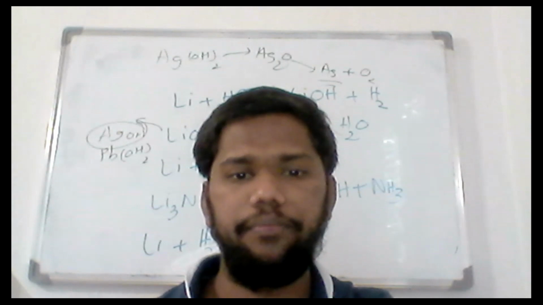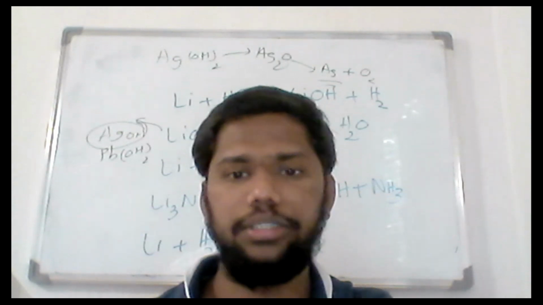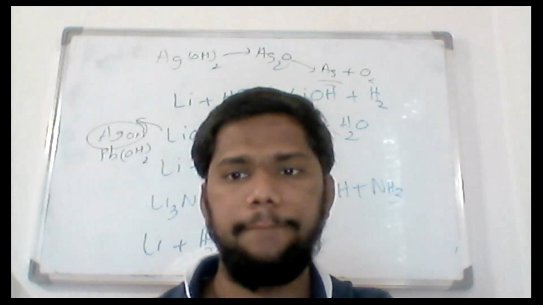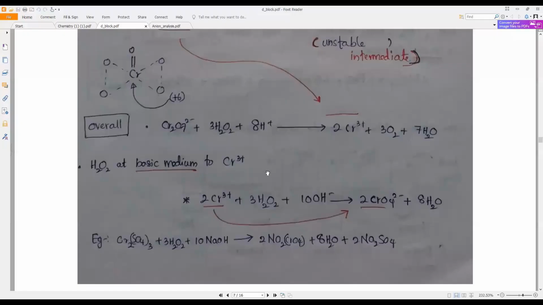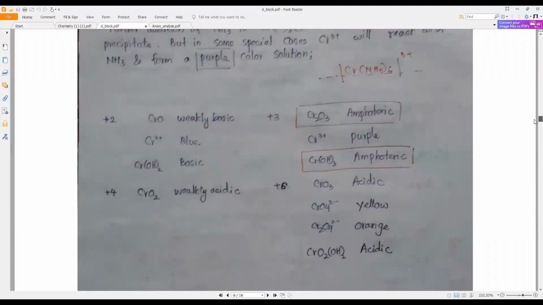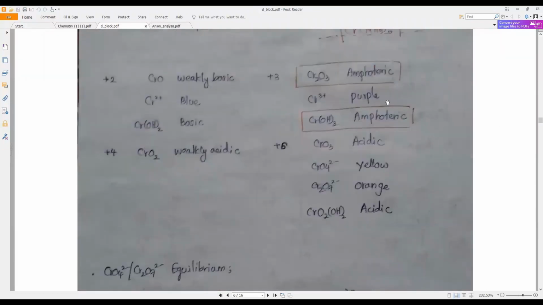Second is, where is it? About chromium. So if you go through chromium really well, you can see what the amphoteric oxides are.